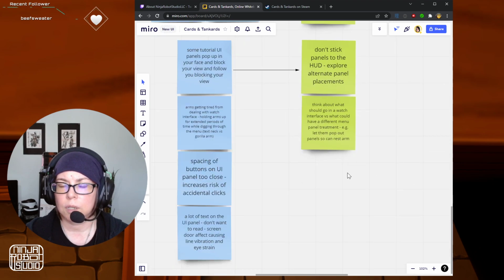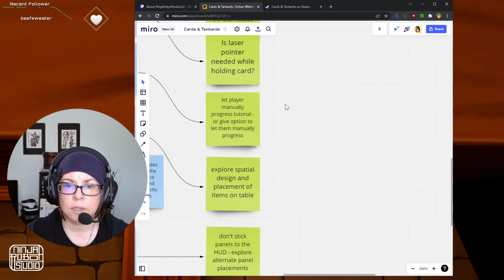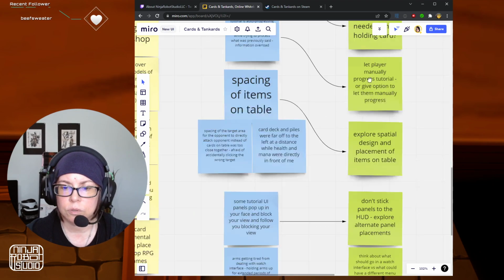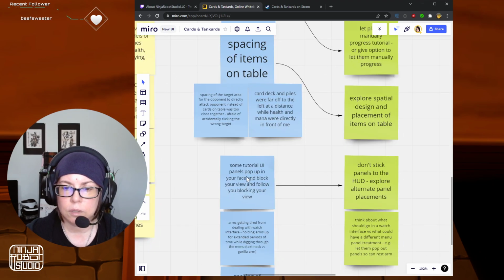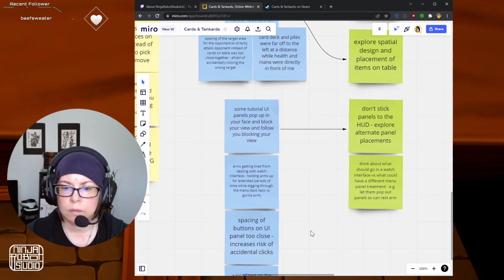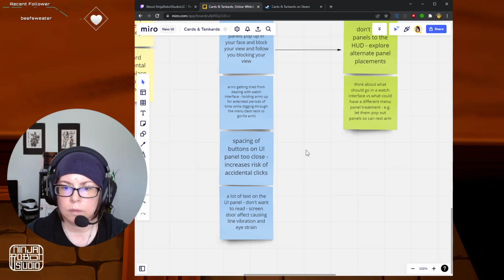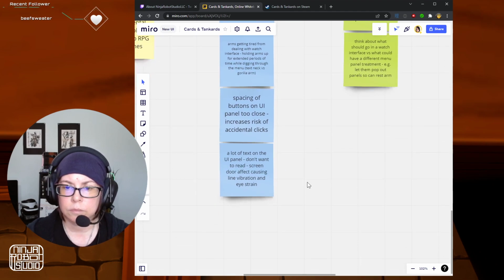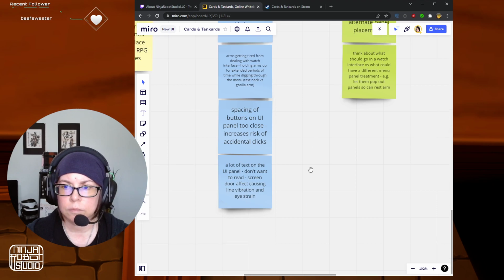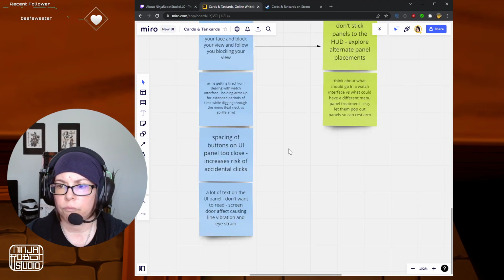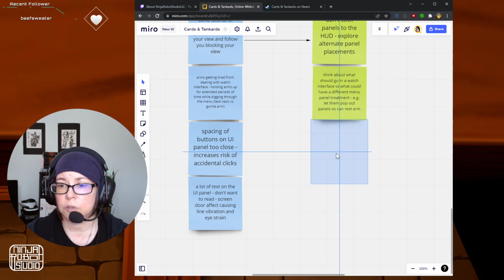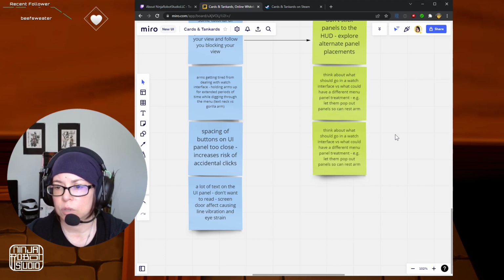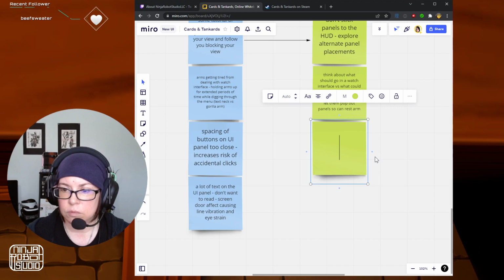And then they were just too close. Did I say that? I didn't, but those UI panels were too close, which also was causing eye strain.